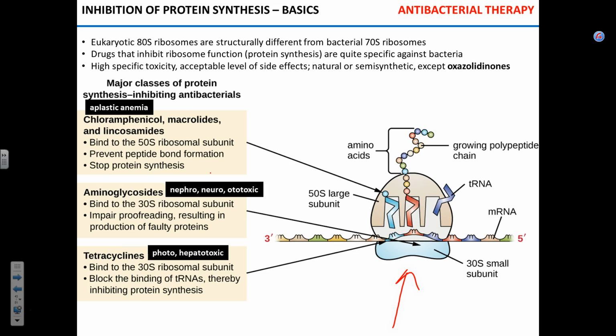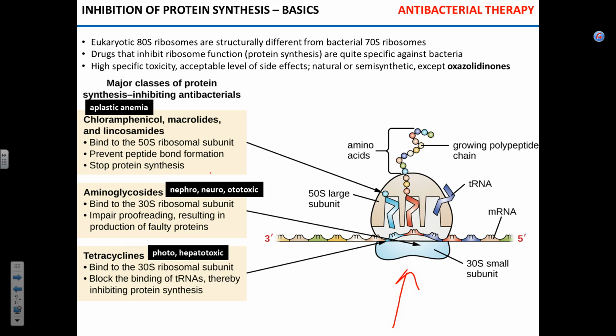We've discussed before that bacterial and eukaryotic ribosomes are considerably different in terms of the structure. And since they are so structurally different, there's a good opportunity to design drugs that will specifically bind to the bacterial ribosome, but not to the eukaryotic.